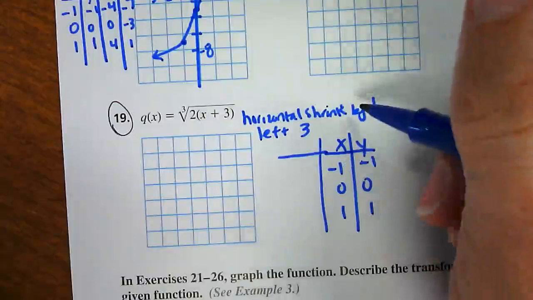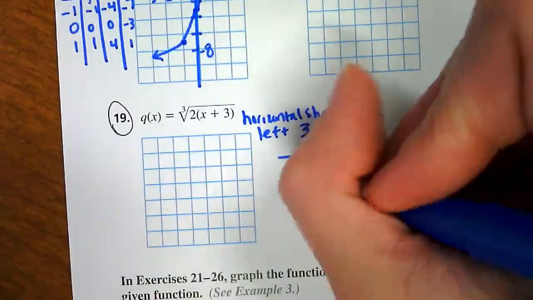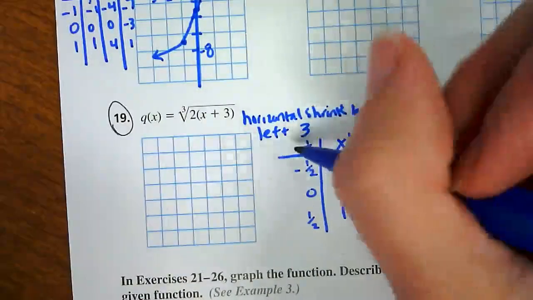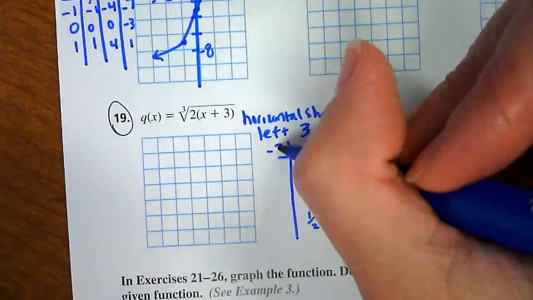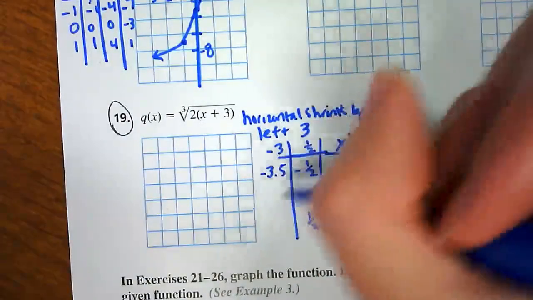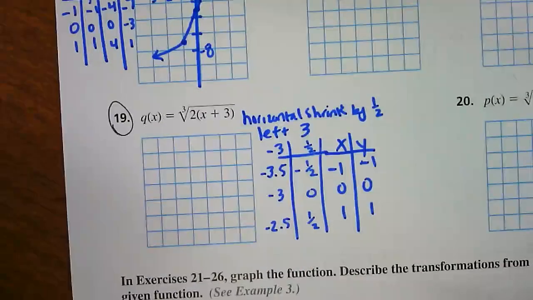So for this one, if I shrink by 1/2, I'm going to have -1/2, 0, 1/2. Left 3 means I have to subtract 3. So this is going to give me -3.5, -3, and -2.5.